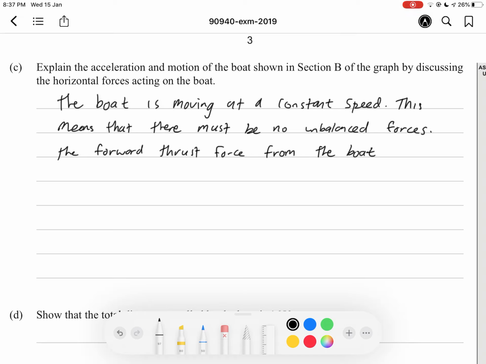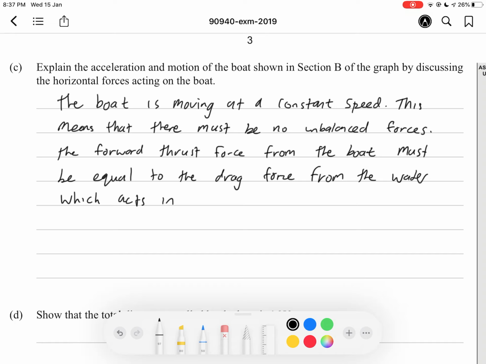The forward thrust force of the boat must be equal to the drag force from the water, which acts in the opposite direction. So it's equal to the drag force and in opposite directions, which means they cancel each other out.